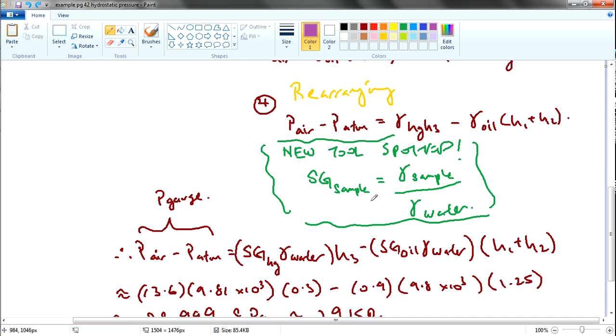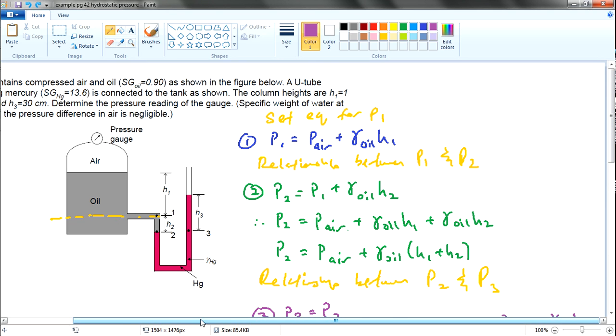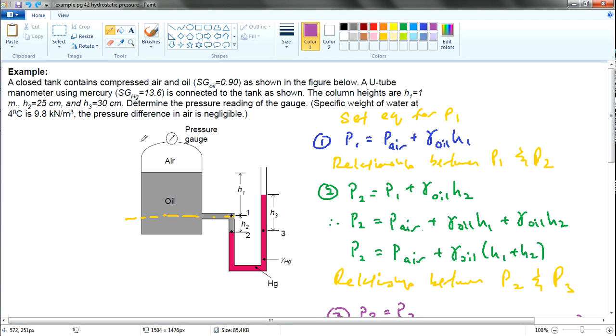and after I rearrange, now the new tool comes up. SG of the sample is equal to the specific weight of the sample over the specific weight of water. So specific gravity is the ratio between the specific weight of whatever you want over that of water at 4 degrees Celsius. In this case it's 4 degrees Celsius, so it's 9.8 kilonewton. So be very careful that it is actually 9.8 times 10 to the power of 3.